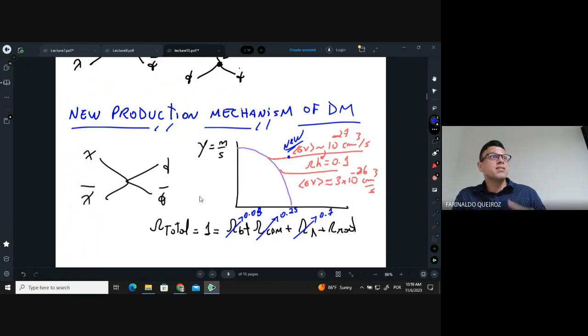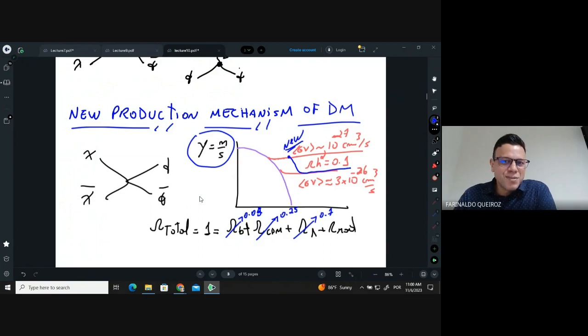If they are relativistic, then they contribute to the entropy. Therefore, the yield decreases. Then instead of the red curve, the real curve will go back to this value here. So it's a way of circumventing the standard vanilla way of computing the relic density.